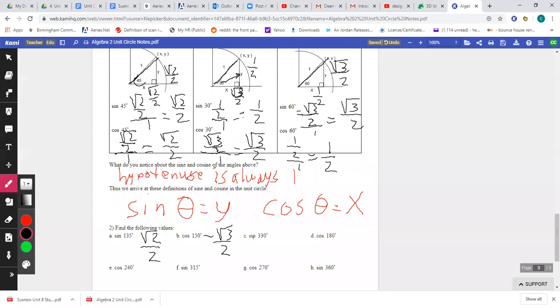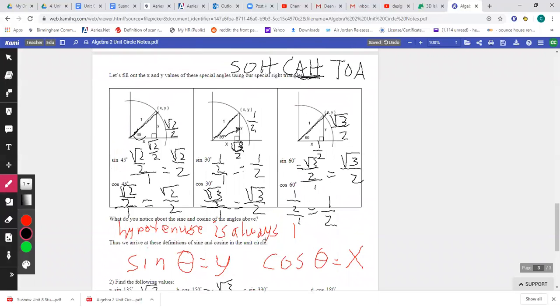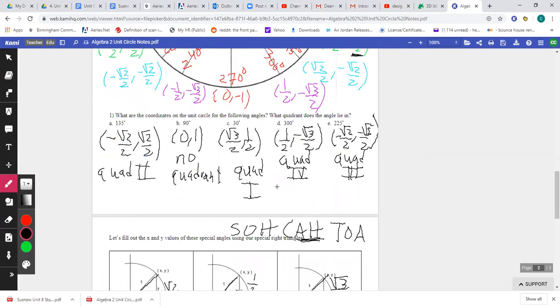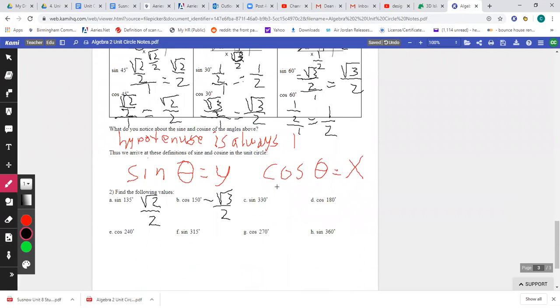So sine of 330. Once again, you go to your unit circle, you go to where you see 330, and since I'm looking for sine, sine is y, so I just choose the negative 1/2. So you see how easy this is?